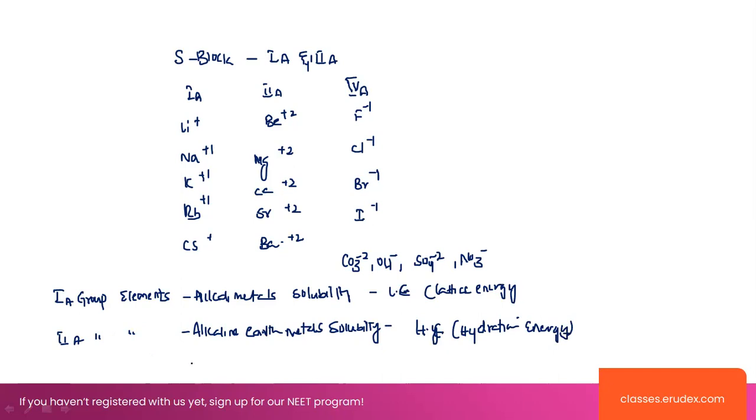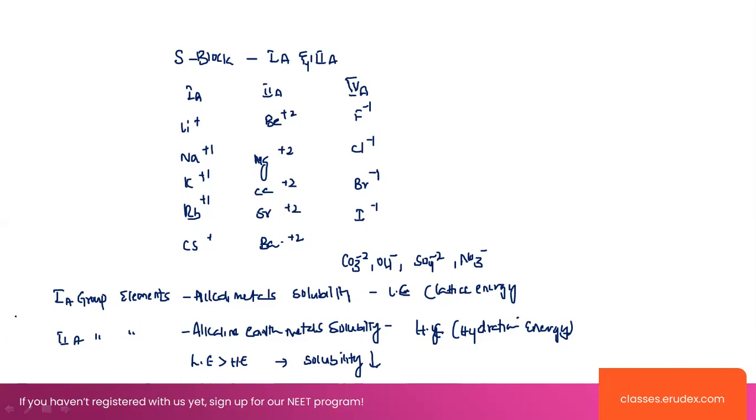So look, whenever lattice energy is more than the hydration energy, it indicates that solubility will be less. Lattice energy means the attraction of positively charged ions and negatively charged ions combining together to form a lattice.